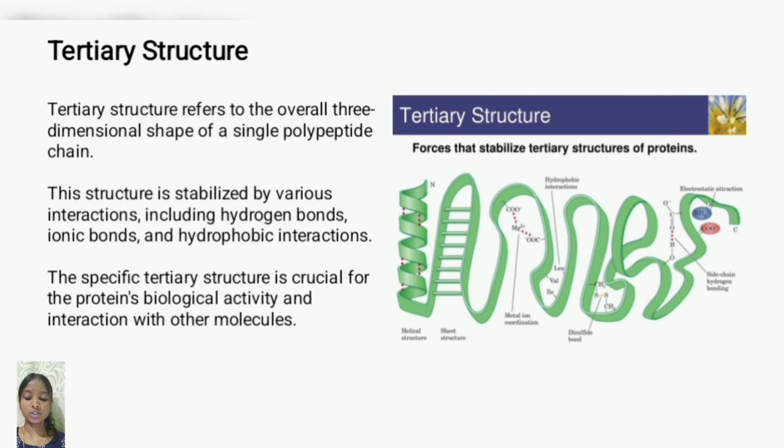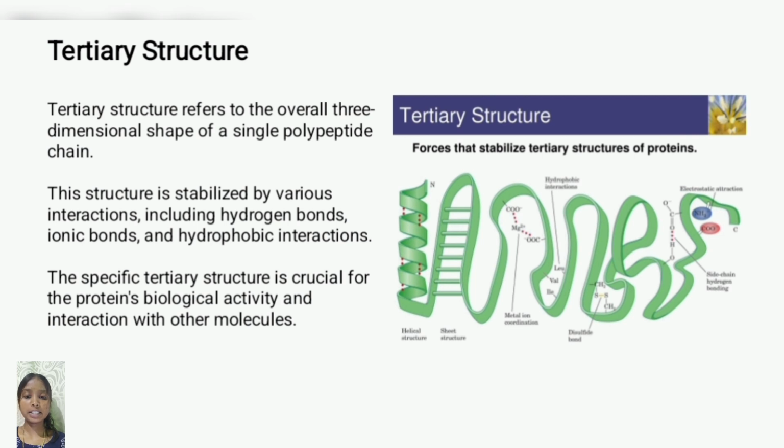Tertiary structure. The tertiary structure refers to the overall three-dimensional shape of a single polypeptide chain. As the name itself indicates, it's the overall 3D shape of a single polypeptide chain. This structure is stabilized by various interactions including hydrogen bonds, ionic bonds, and hydrophobic interactions.